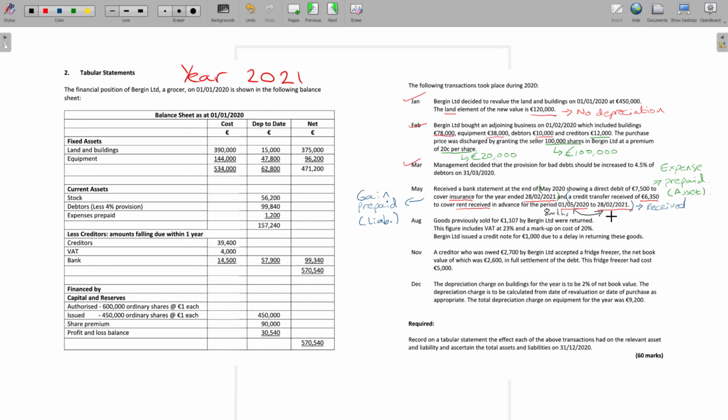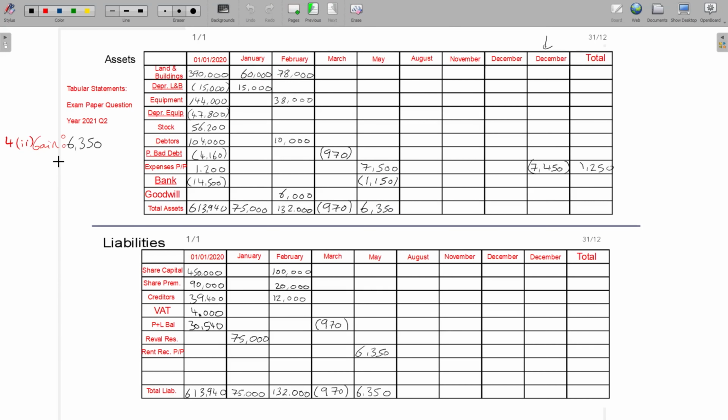And then January and February, 2 months for 2021. So that's a total of 10 months. So essentially that 6,350, only 2 months are left for next year.